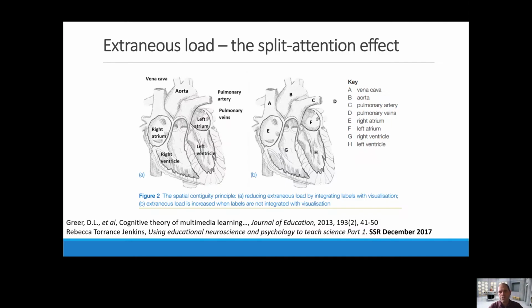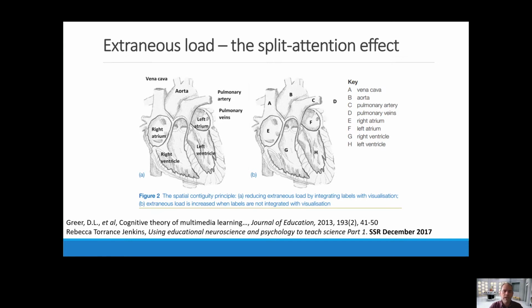In terms of integrated instructions, it comes with this idea of the split attention effect. So this is a nice diagram from a journal article by Jenkins in School Science Review a couple of years ago. And the split attention effect basically says if the student is having to attend to information in two separate places, they are spending some of their cognitive load jumping between those sources.